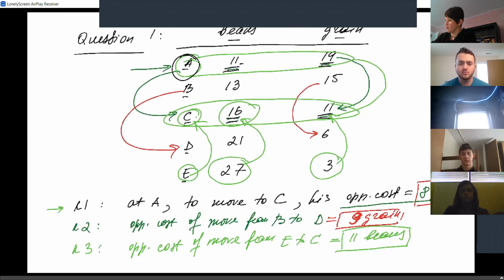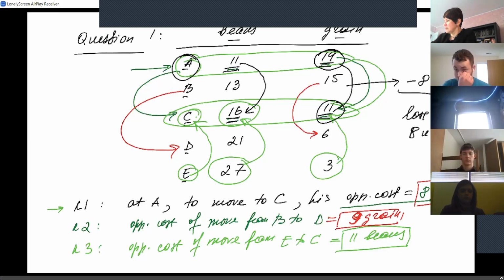In beans, you're moving from 11 to 16. It's a gain, so this is not the opportunity cost. But in grains, you're moving from 19 to 11. The loss is 8 units. You see that? Loss of 8 units. And that is our opportunity cost, our loss, number of units. Is it better now? Yeah, thank you. You're welcome.